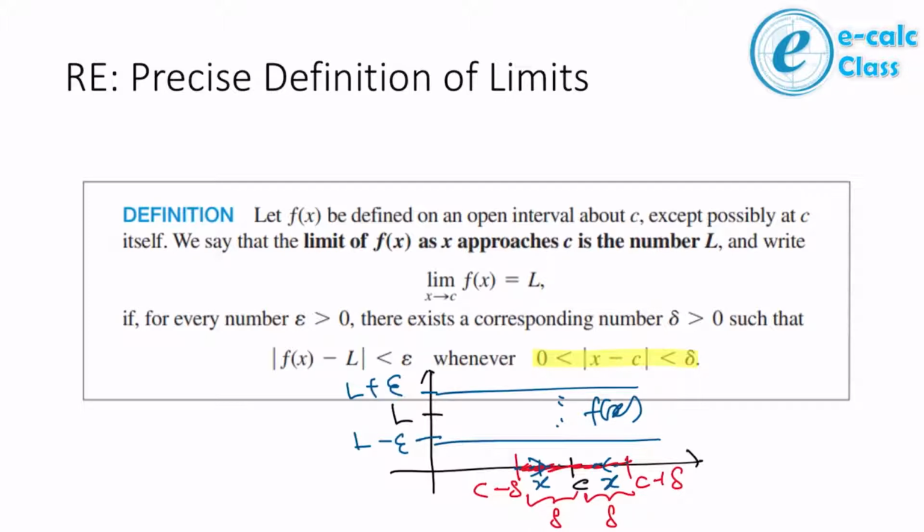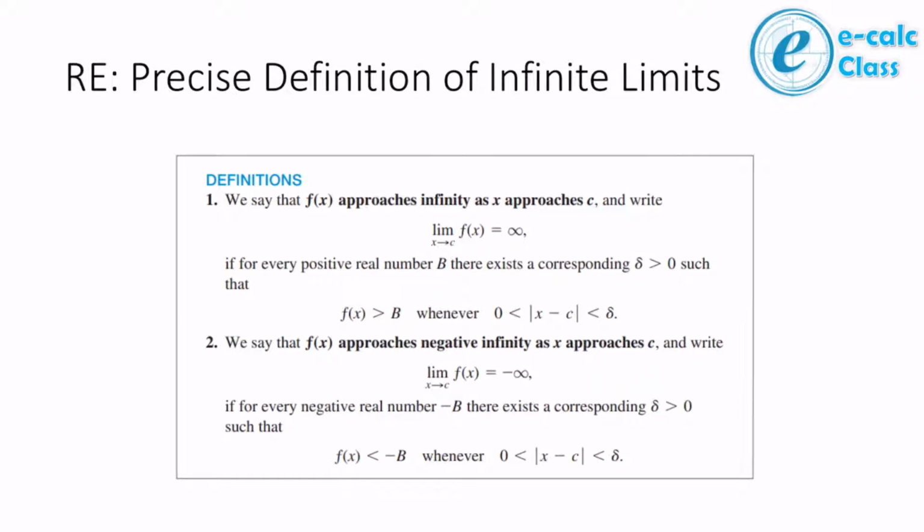Now one more thing to revise, which is the precise definition for infinite limits. We say that f(x) approaches infinity. This one is even easier to understand because now you only have to deal with delta, you don't have to care about epsilon. Why? Because your f(x) is going to infinity.